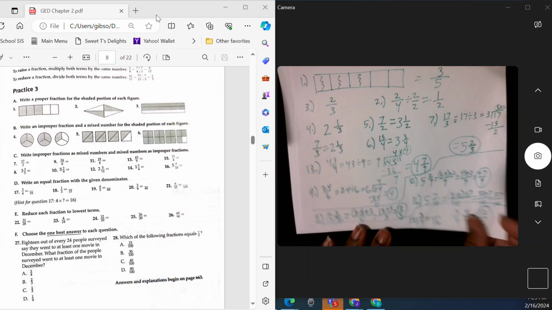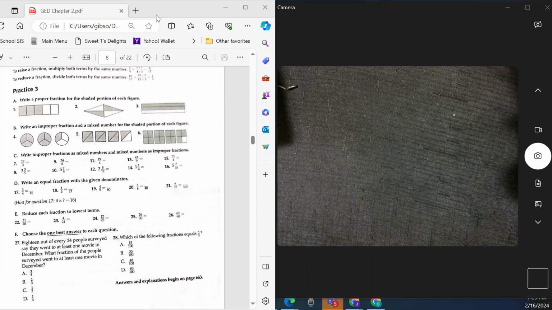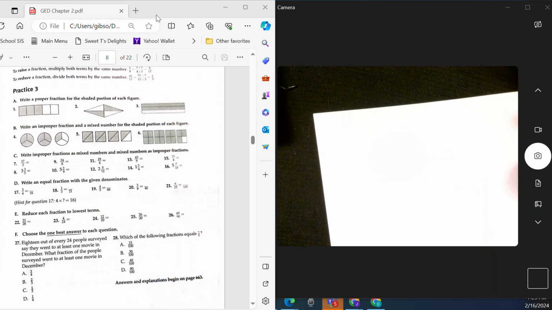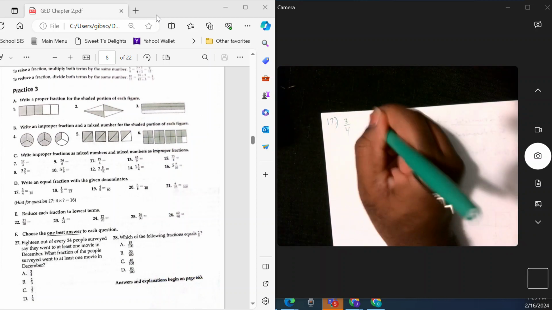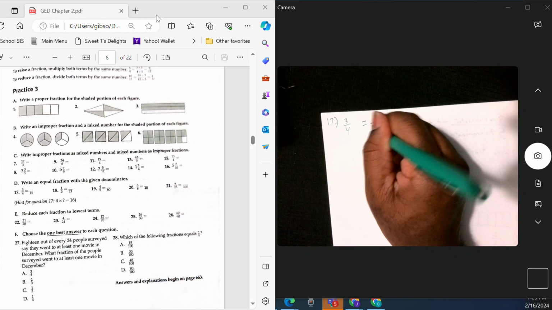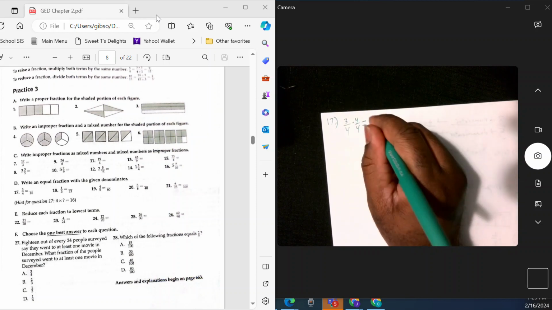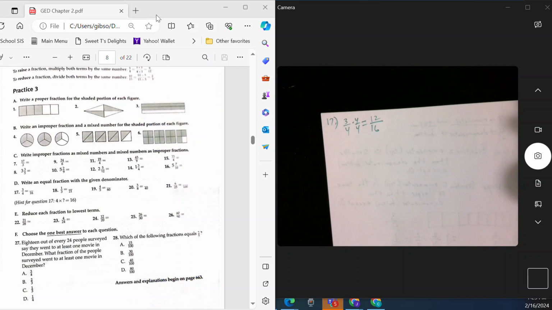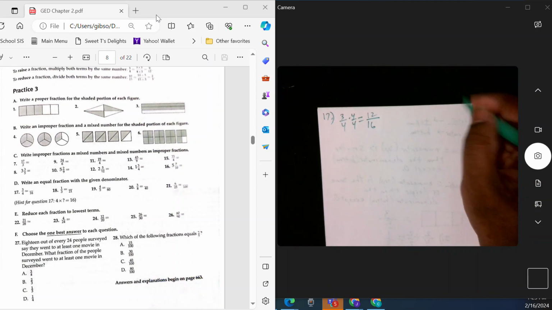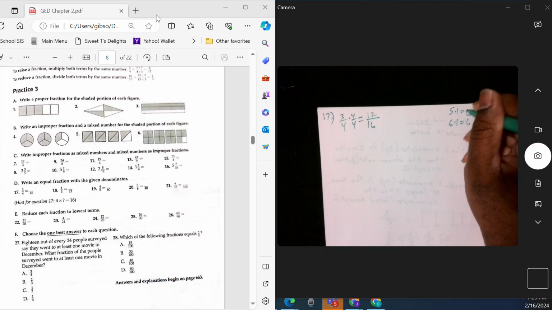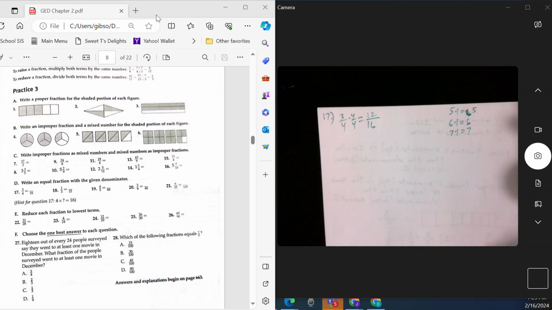Okay, now, moving on. So I'm going to rewrite that last problem because there's a little more we have to do with it. 3/4 is equal to blank over 16. And we did the multiplying by 4/4, which gave us 12/16. Now, the one thing that I did in class that I didn't do here, which I'm going to correct now, is this. I wrote this on the board. 5 times 1 is 5, 6 times 1 is 6, and 7 times 1 is 7.